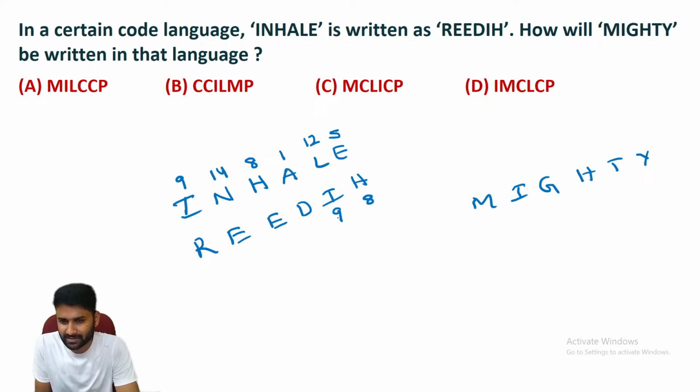This is the eighth letter, ninth letter, fourth letter, and here E is the fifth letter, E is the fifth letter, and this is the 18th. Now, did you find any logic here? This is all about plus 3, this is minus 3, and plus 3. Now, move on to the next one. This is minus 3.